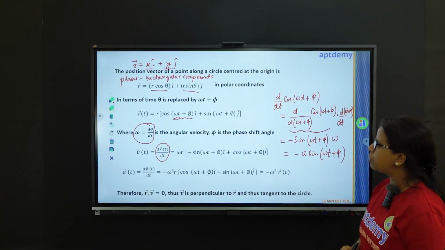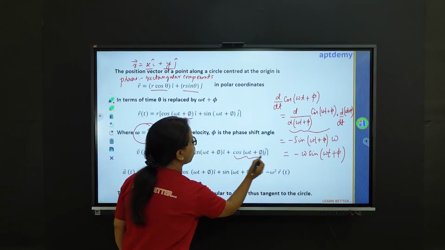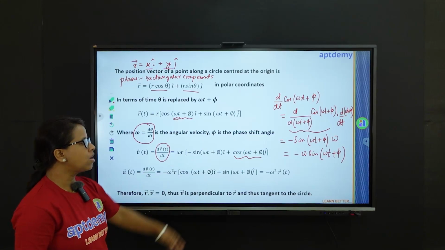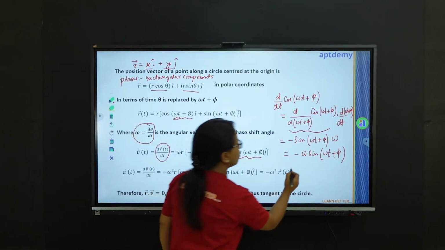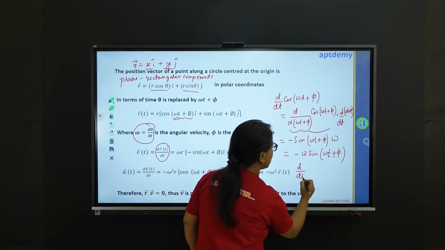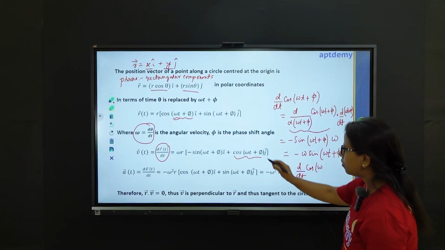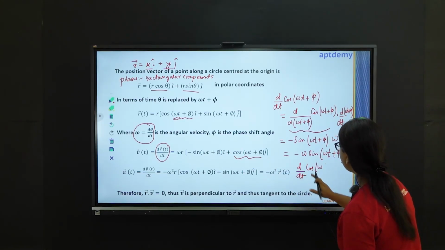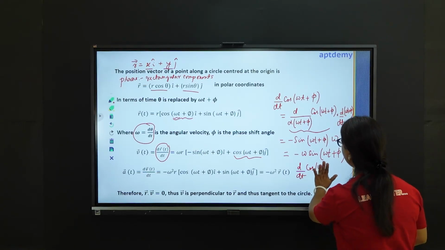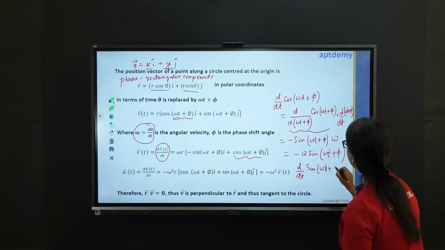We are to similarly proceed for differentiation with respect to time of sine. When we consider sine of omega t plus phi, its derivative is nothing but cos of omega t plus phi, times omega. cos we have already discussed. We are trying to talk about sine of omega t plus phi.